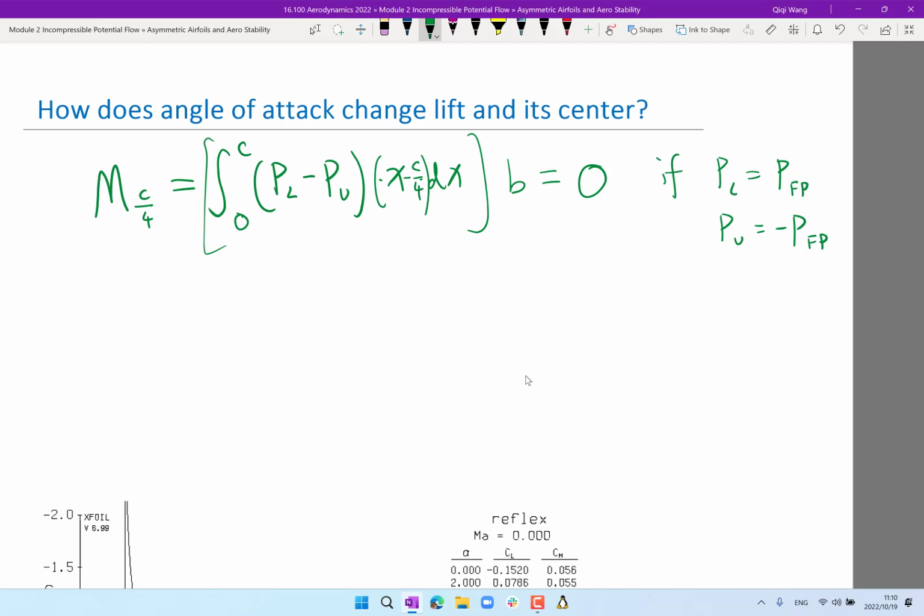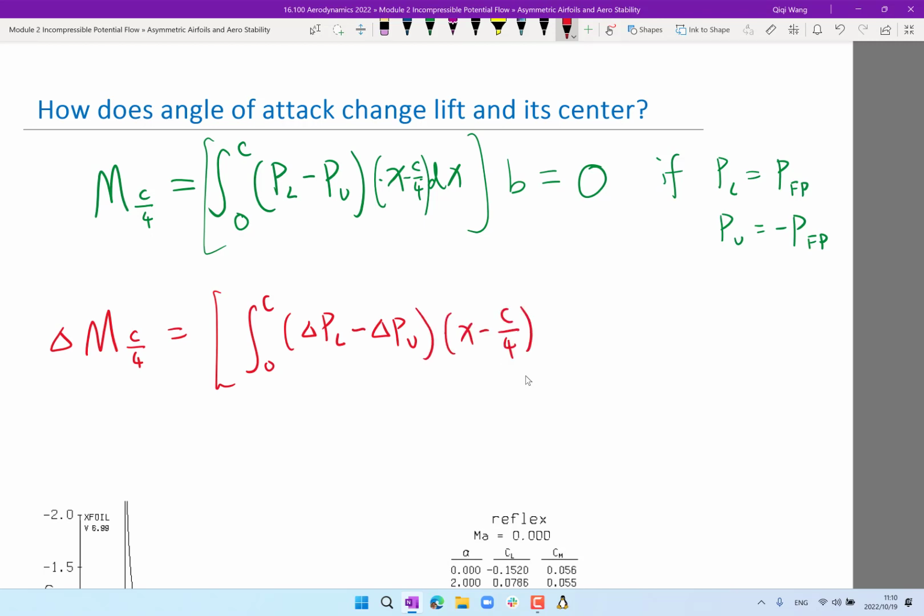This is particularly nice because if we increase or decrease the angle of attack, then the delta moment around the quarter chord is going to be equal to the same thing, right? From 0 to c, the delta P_L due to a changing angle of attack minus delta P_U due to a changing angle of attack, times x minus c over 4, times dx times b.